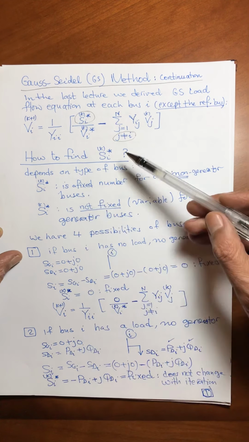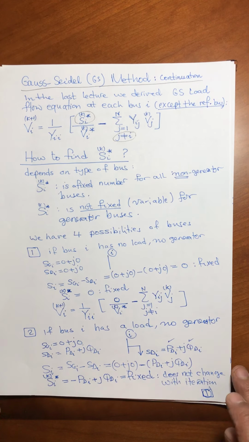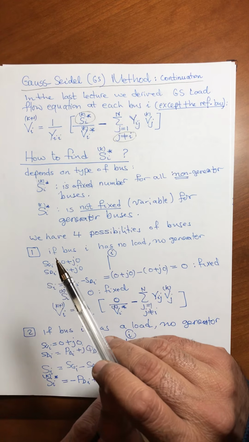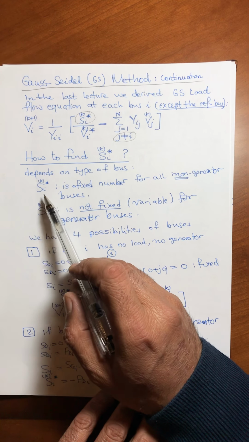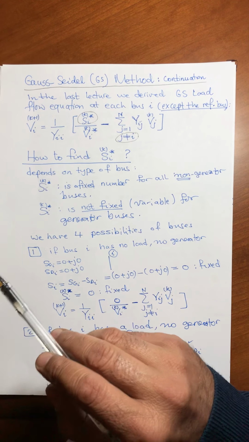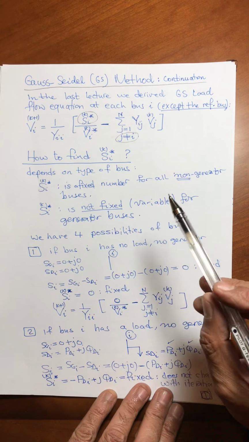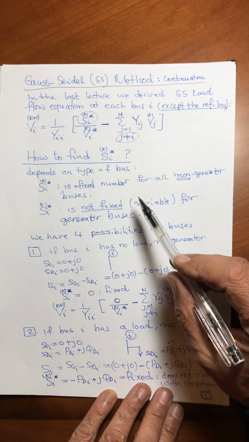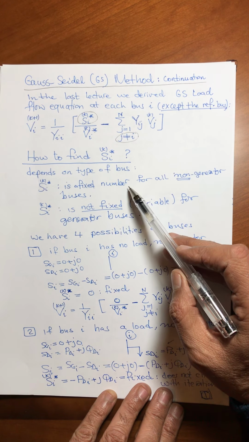The calculation of Si depends on the type of bus. We will notice that in some cases Si conjugate of iteration k is a fixed amount, fixed number, I mean constant, does not vary with iterations.